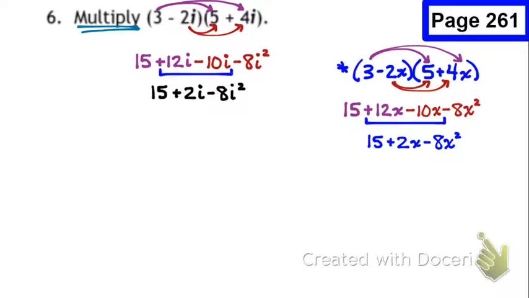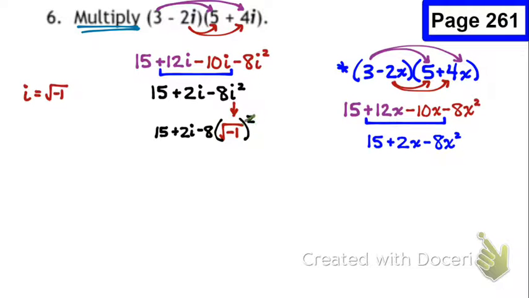Here's where it gets just a little bit different. What does i equal again? i is equal to the square root of negative 1. So this i squared right here, I'm going to put the square root of negative 1 there. Because what happens when we square a square root?